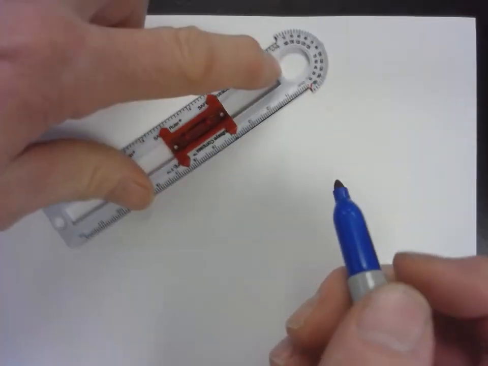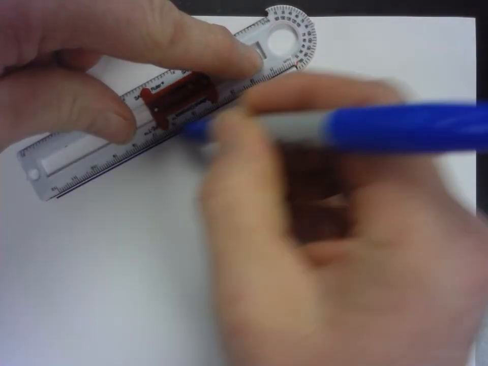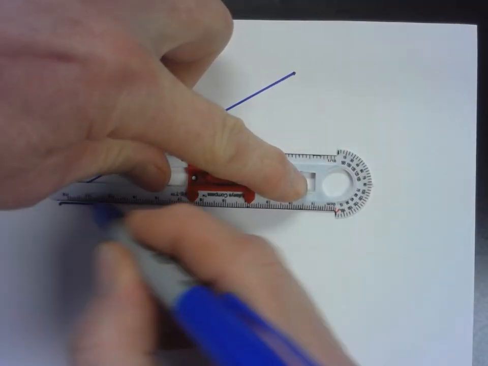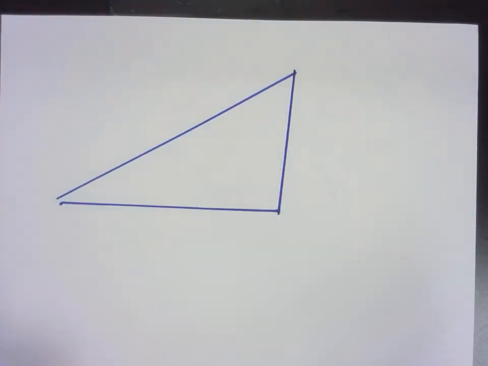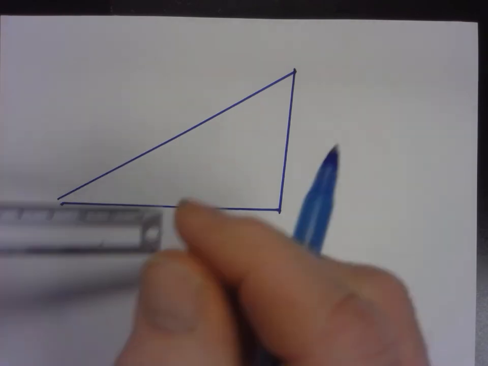Triangle angle bisector theorem. Should I construct the angle bisector to help you guys remember how this works?